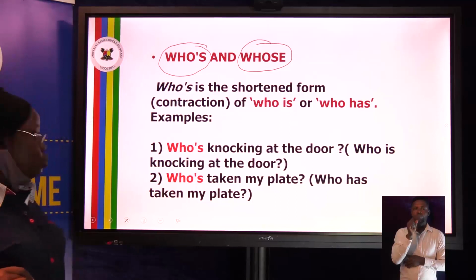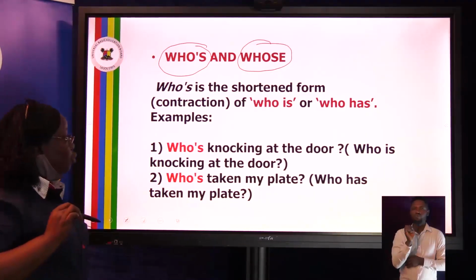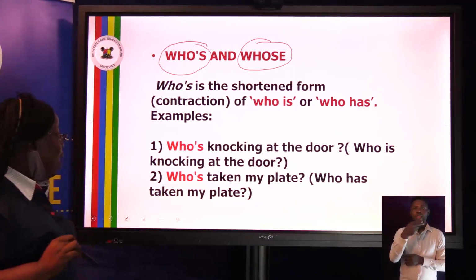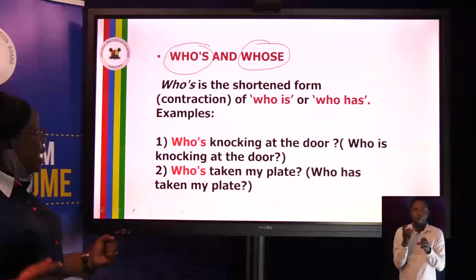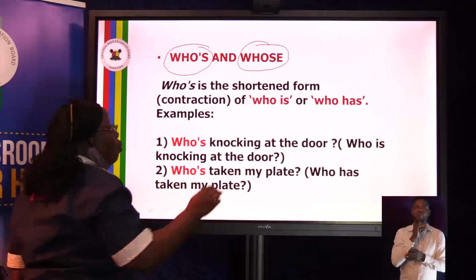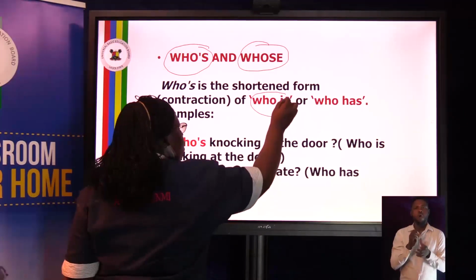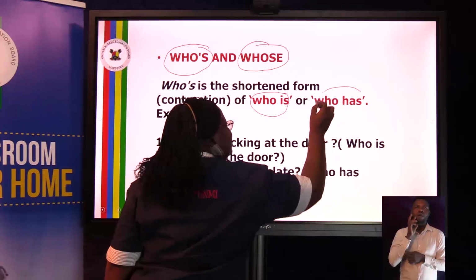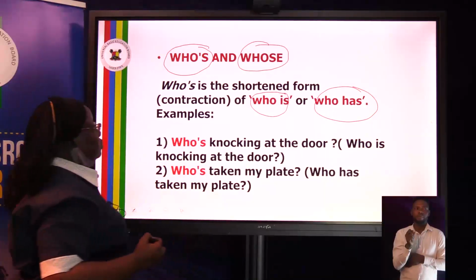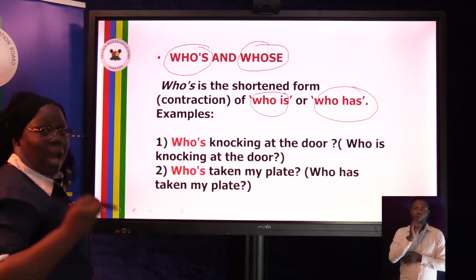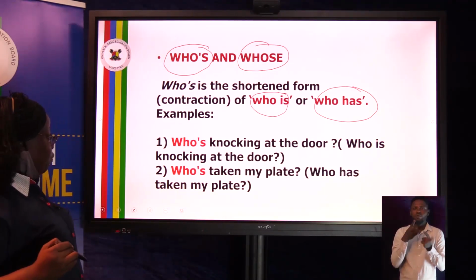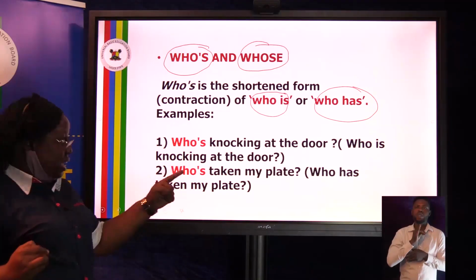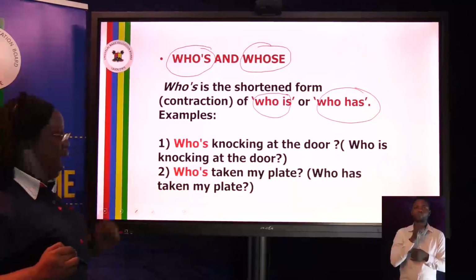W-H-O-apostrophe-S is the shortened form or contraction of who is or who has.